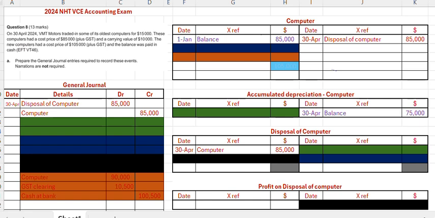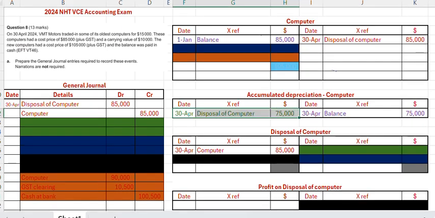Step two, the ACDEP, the $75,000 that we have allocated on this computer thus far, needs to be transferred to the disposal account now, because that ACDEP is gone along with the computer that it's attached to. So we're going to do a debit entry to our asset account, the ACDEP account.